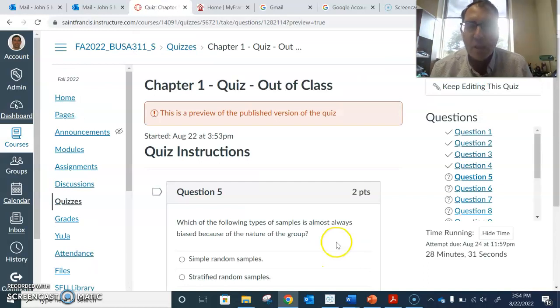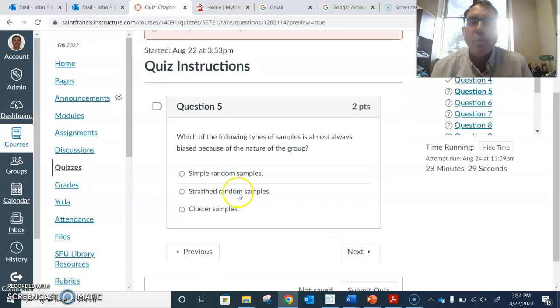Okay. Which of the following types of sample is almost always biased because of the nature of the group? Remember, we talked about cluster samples inherently have selection bias because of the way that they are taken.